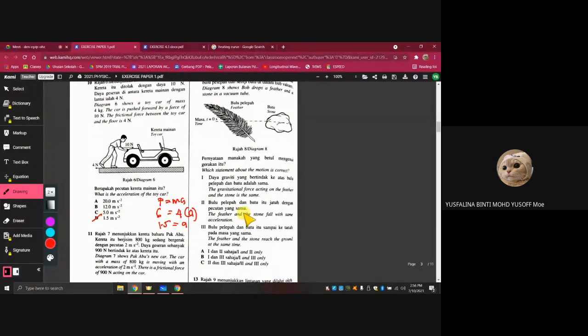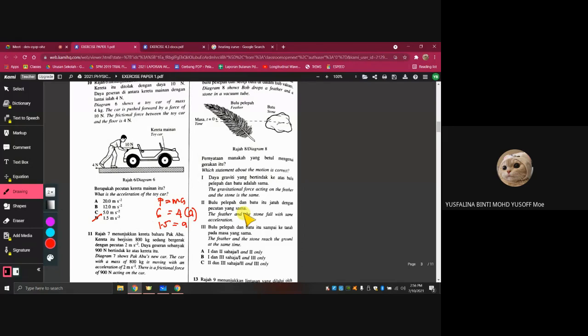So free fall is when the object falls under the influence of gravitational force only. So if the question asks you what does it mean by free fall, that's the answer.